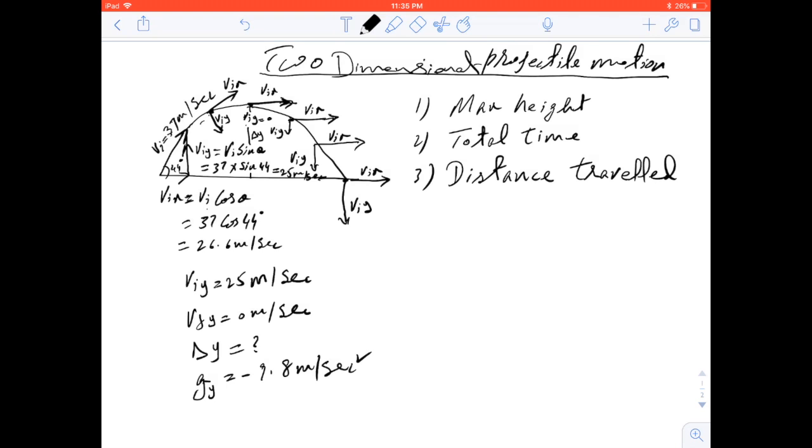Now we have the kinematic equations which we all are aware of. A: Vfy equals Viy plus gyt.